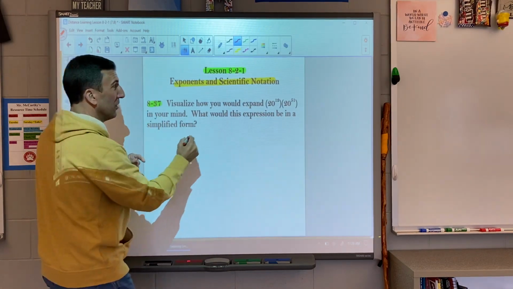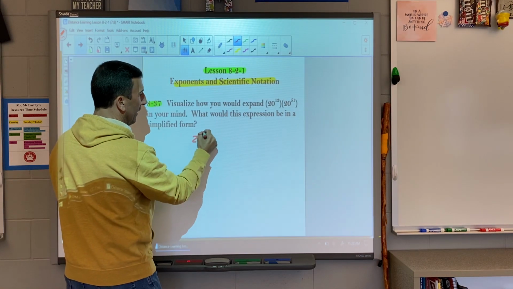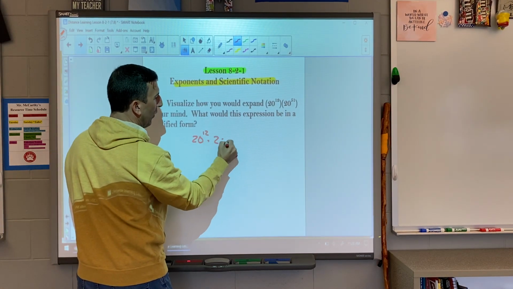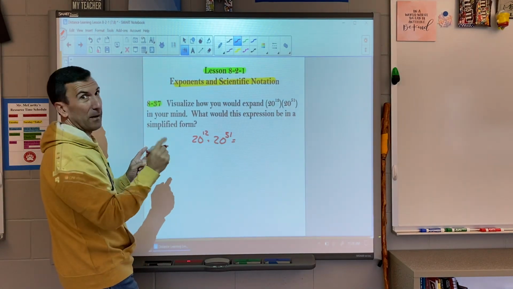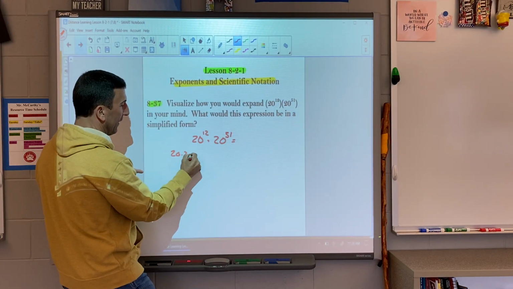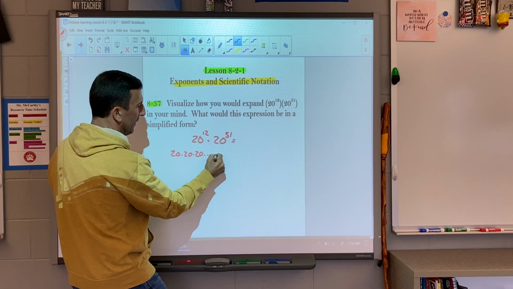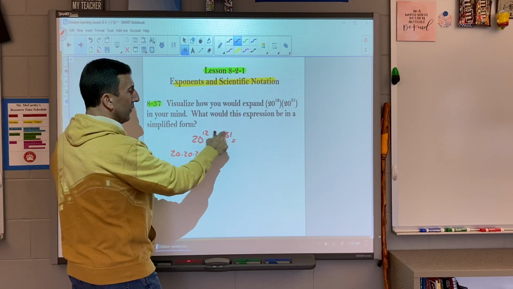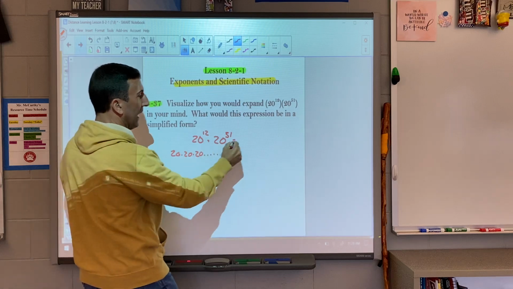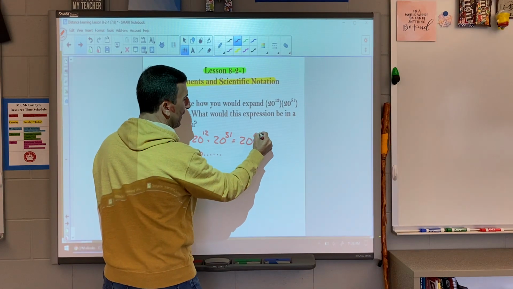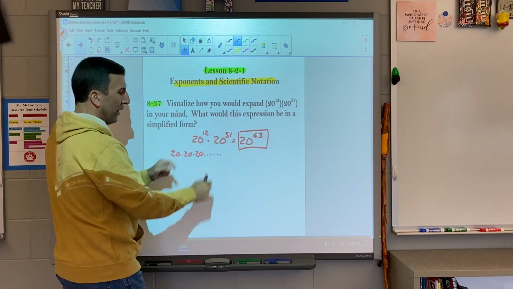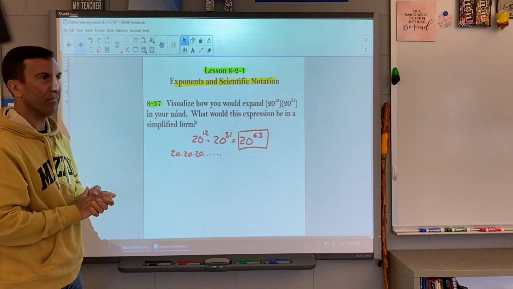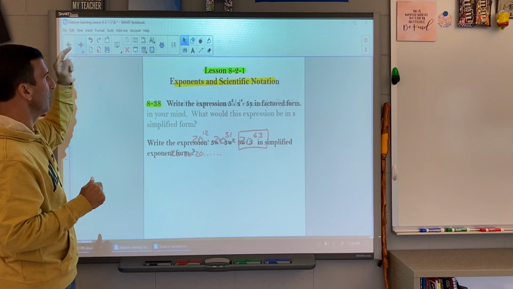So our problem should look like this: 20 to the 12th power times 20 to the 51st power. I'm not gonna write out all of them. You were supposed to be adding all those together, so 20 to the 63rd power. So when our base was the same, we were adding the exponents. Okay, a good little refresher.